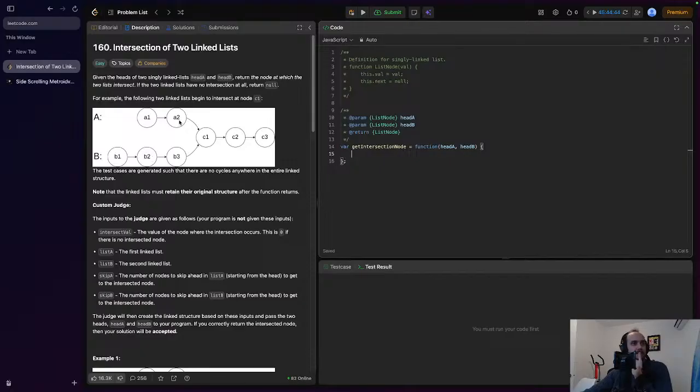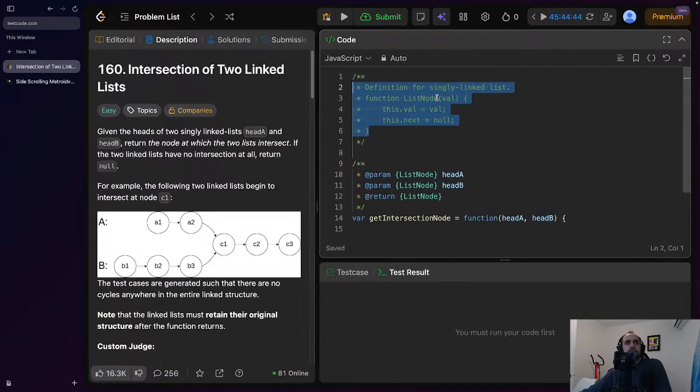M plus N is the size of both lists. I haven't learned linked lists yet. A linked list, you could kind of see the definition here. I'm not sure the screen is big enough to really see.